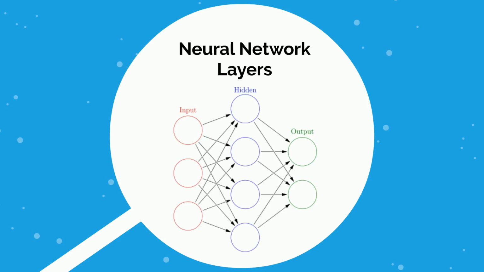If we are processing an image, even if it's just a 100 pixel by 100 pixel image, we are going to have 10,000 inputs. So you can conceptualize how quickly these neural networks will expand and get much larger. Each one of those inputs is connected to a node in what is called the hidden layer.